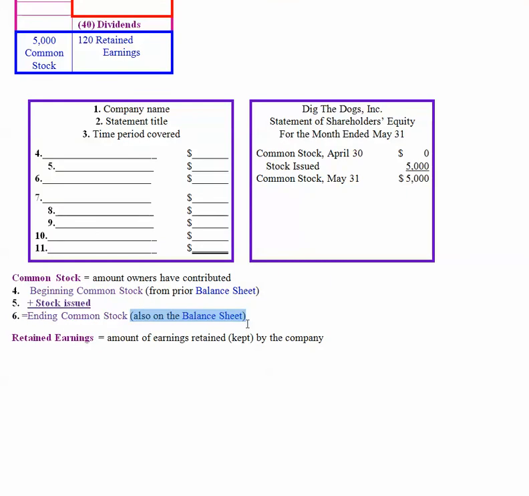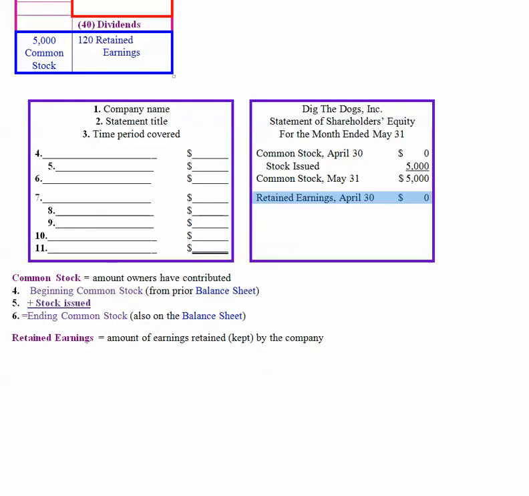So this ending balance will become next period's beginning balance. So in other words, when we do June 30 month end, this beginning common stock will be the 5,000, i.e. the May 31 balance.